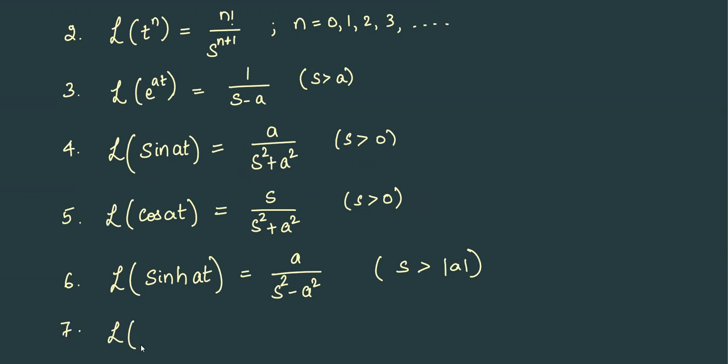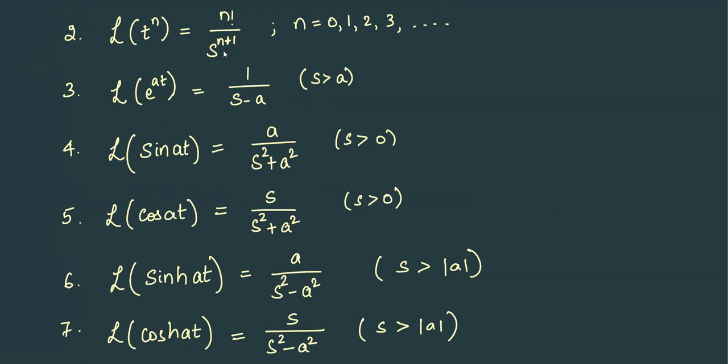Now, cos hyperbolic at is s upon s square minus a square. Again, s is greater than modulus of a. The idea is the denominator has to be positive.